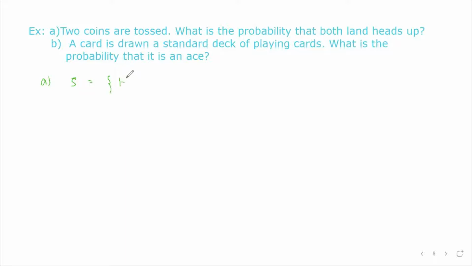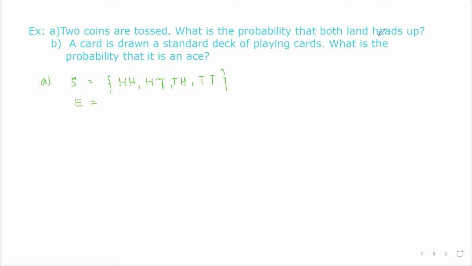So you could have head, head, head, tail, tail, head, and tail, tail. Okay, so this is S.